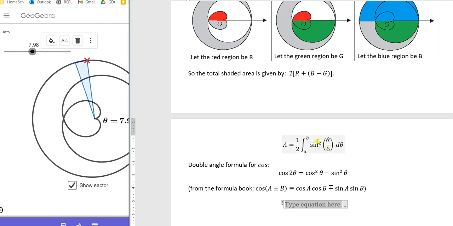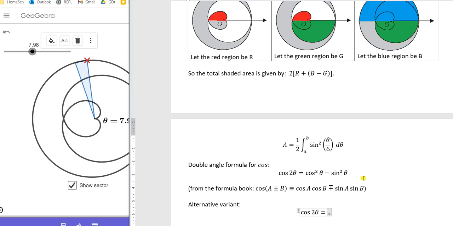But what I particularly want is a way of replacing sine squared with something that only involves multiple angles instead of squared trig functions. So we can generate the alternative variant. Cos 2 theta can be written either exclusively in terms of cos squared or exclusively in terms of sine squared, because sine squared and cos squared are interchangeable provided we use the sine squared plus cos squared equals 1 identity.